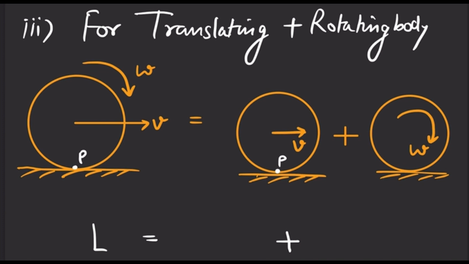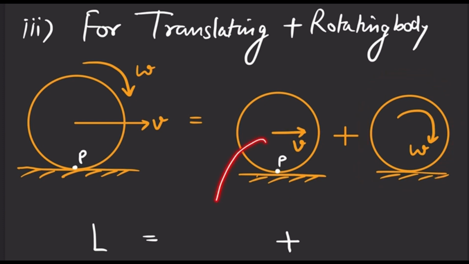Now the most important part: let us learn about writing angular momentum of a translating plus rotating body. On your screen you can see that we have a rolling body that is moving forward with velocity v and at the same time it is rolling with angular velocity omega. This body can be seen as two parts: one is translating with velocity v forward and the second one is rotating with angular velocity omega.